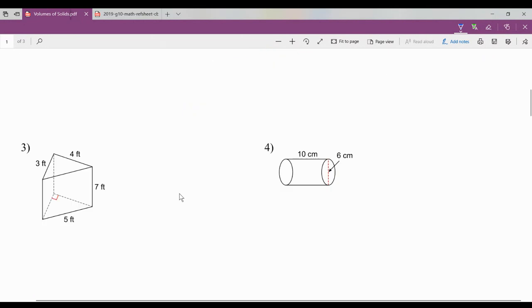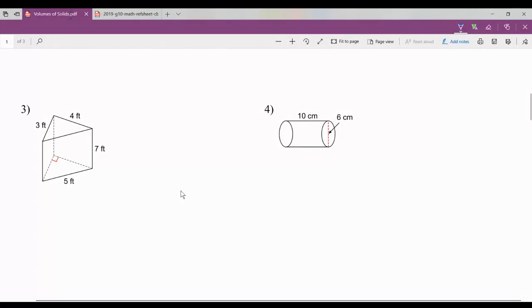I'm going to talk about a couple more examples without necessarily doing them all out. If someone asks you to find the surface area of this particular prism, and this is a triangular prism, because the bases are triangles that are identical to each other, and those two bases are connected by rectangles.